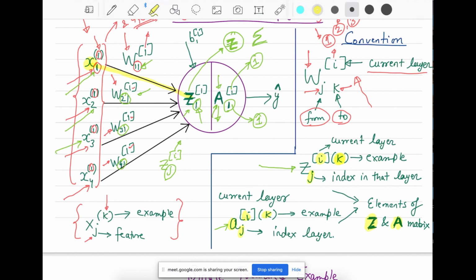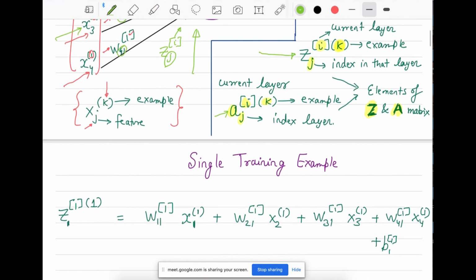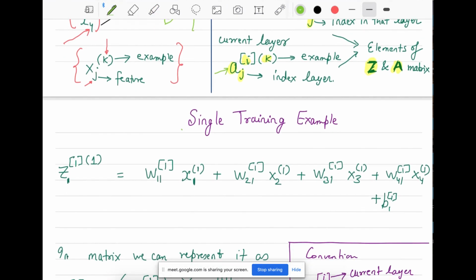So this is the basic terminology, and now we can write all these summations which we are discussing here in this way. Since we have a single training example, meaning only one example which has 4 features, you can write Z11.